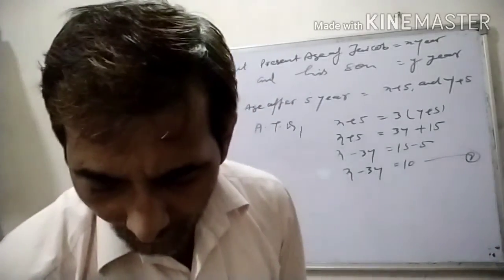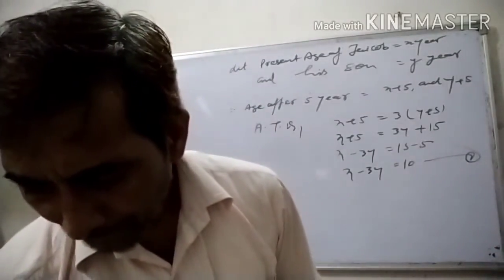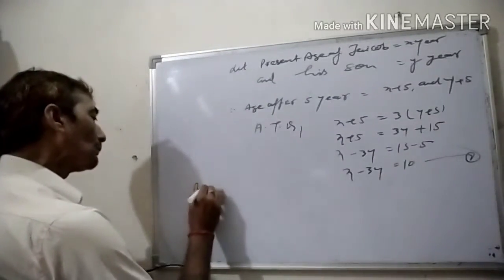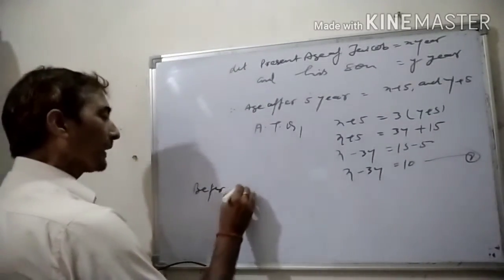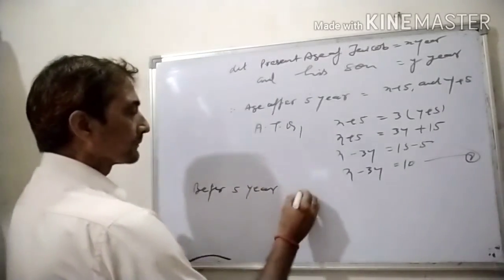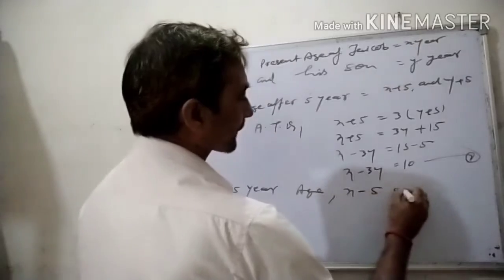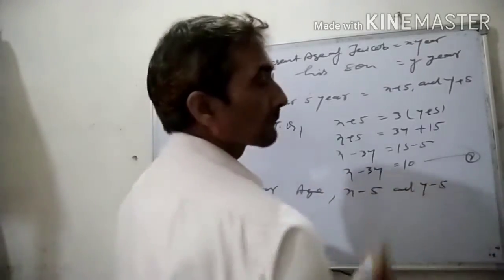Now 5 years before, the age is X minus 5 and Y minus 5.